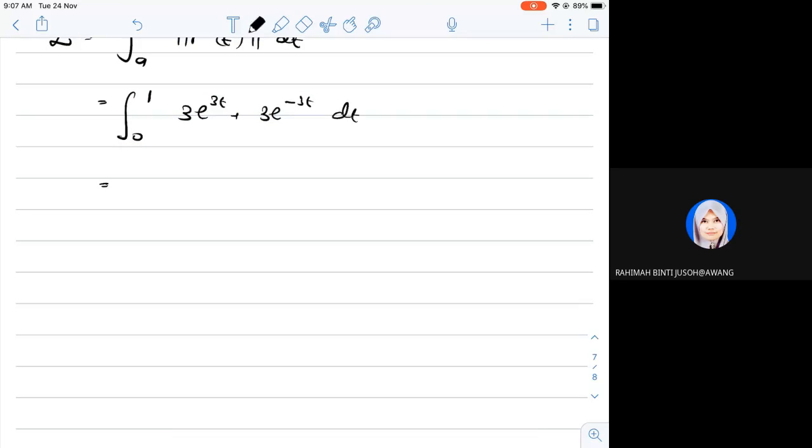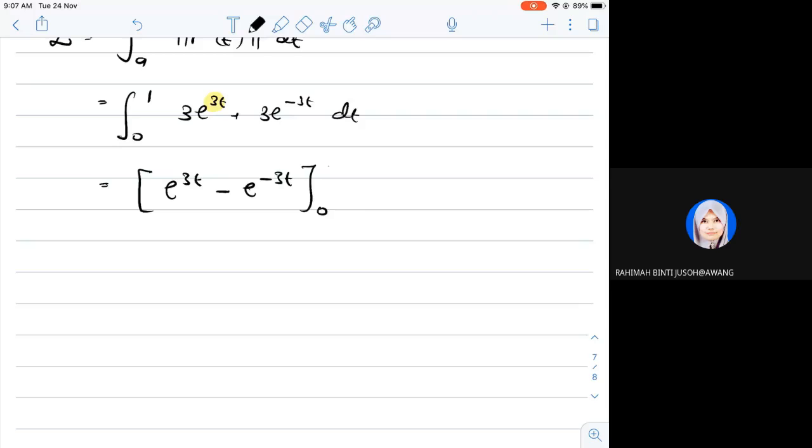Alright, so where should we bring this 3? 3 ni bawa ke mana guys? Bawah. We take this below, so we divide by 3, we have exponent 3t sajalah. And then negative 3, bring this down, we will have negative exponent negative 3t because we can cancel with the coefficient 3.